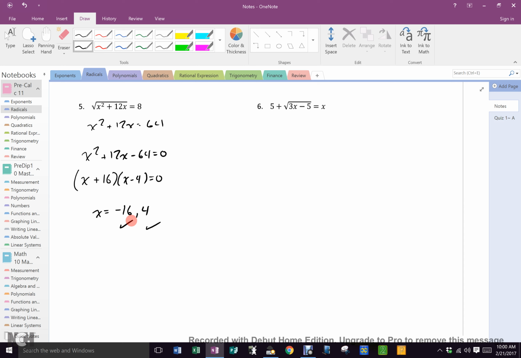Nice, Joel. What's 12 times negative 6? There you go. All right. And the restrictions are, Sydney? X squared plus 12x has to be greater than 0, yeah? So that's x, and x plus 12 has to be greater than 0, yeah?